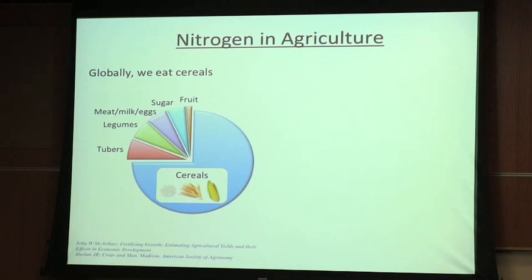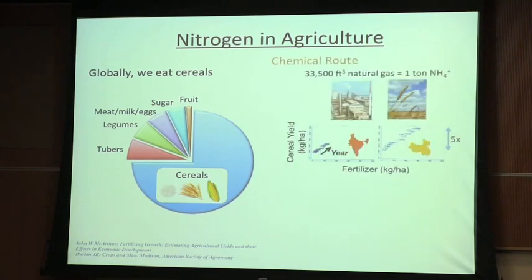And so the way that we've solved this problem in agriculture is through the chemical production of ammonia through Haber-Bosch, and usually through the burning of natural gas. And so in this way, the cereals are consuming the nitrogen out of the soil, which is then being put back in there through chemical routes. And this is what has led to the incredible increases in cereal yields over the last decades.